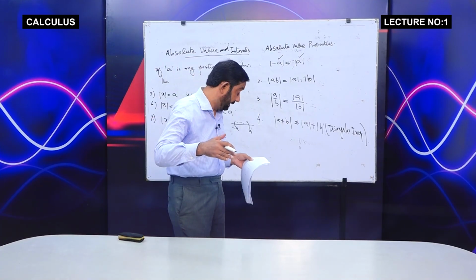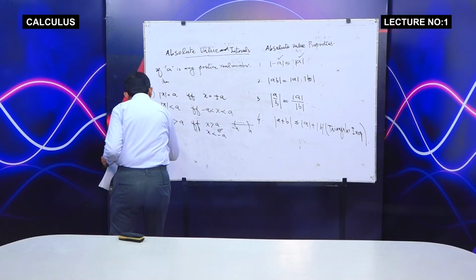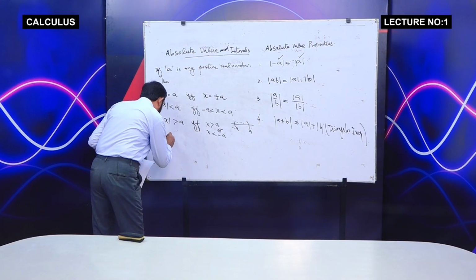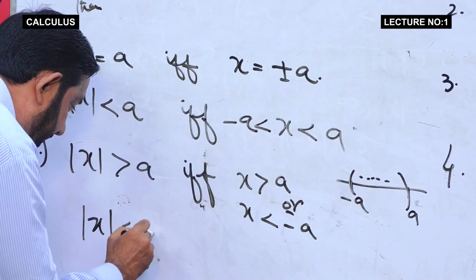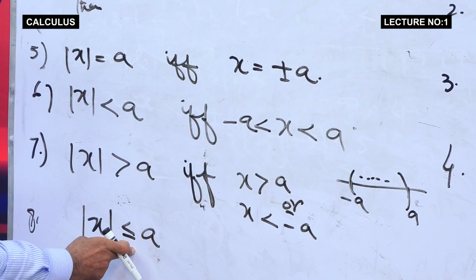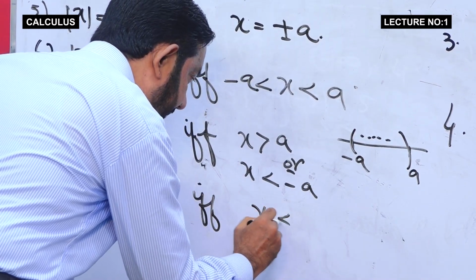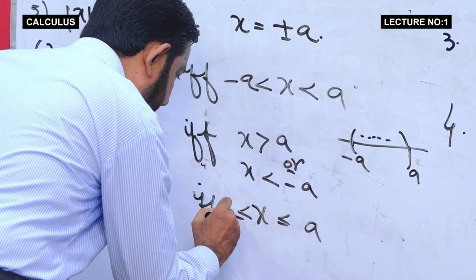तो सिमिलरली आपके पास 8 जो है वो आपके पास होगा |x| आपका लेस के बजाय अगर आपका less than and equal to होगा तो if and only if you will get x is less than equal to a and greater than equal to -a.